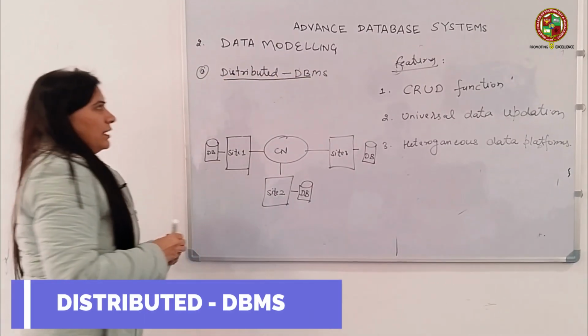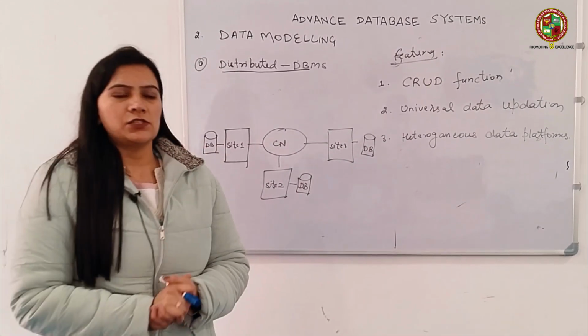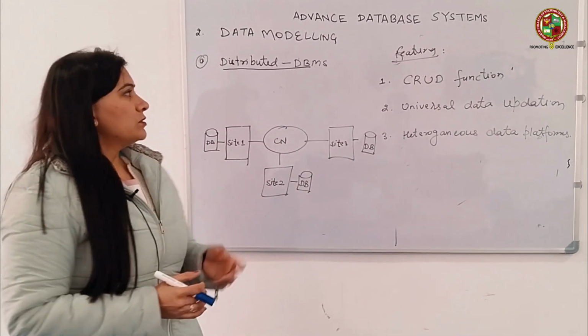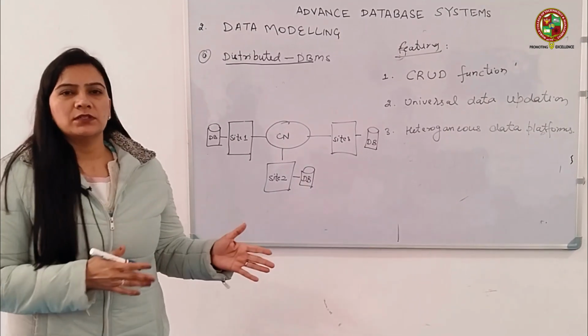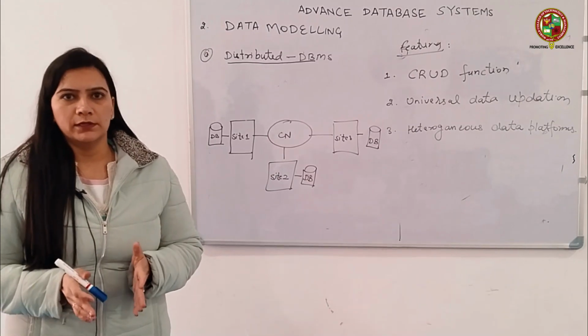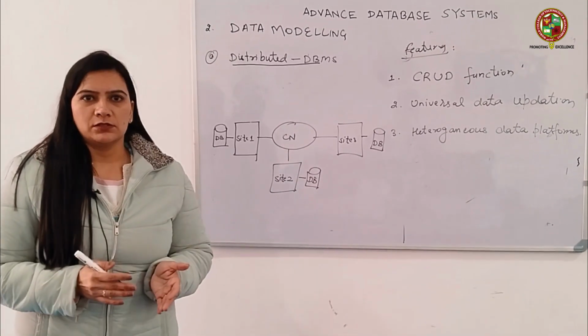As we all know, with the growth of globalization, the federal environment of an organization and the web-based environment, organizations nowadays have several units across the world. For that purpose, the data is scattered across various locations.